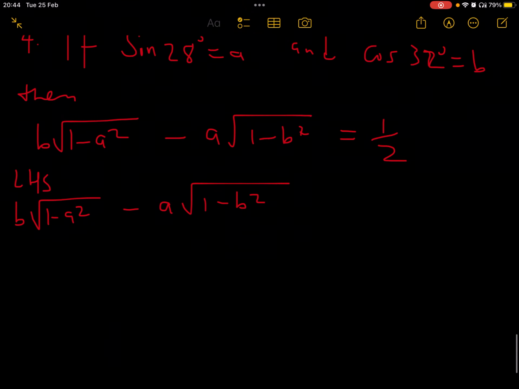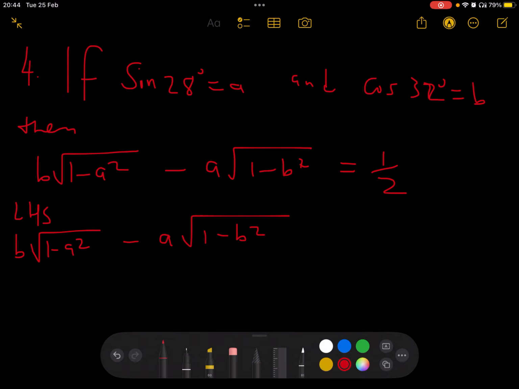Okay, so where there is A, we can put sine 28. Where there is B, we can put cos 32. So cos 32 degrees square root of 1 minus sine squared 28. Or we can just say 1 minus open bracket sine 28 squared, but we know sine 28 squared can be written as sine squared 28.